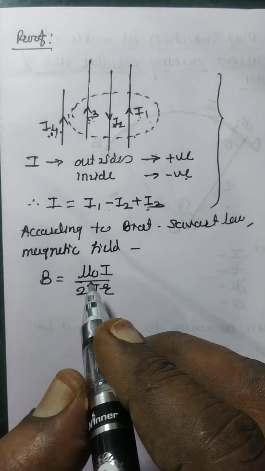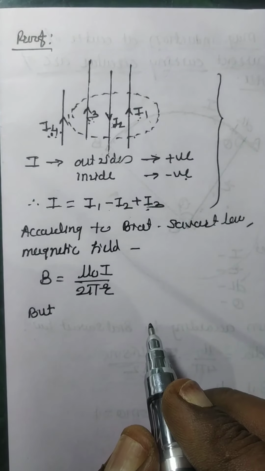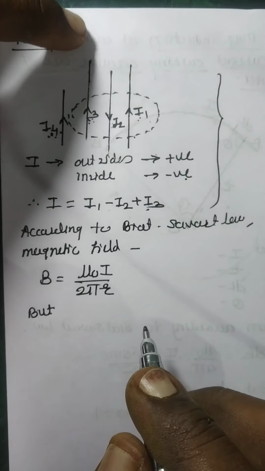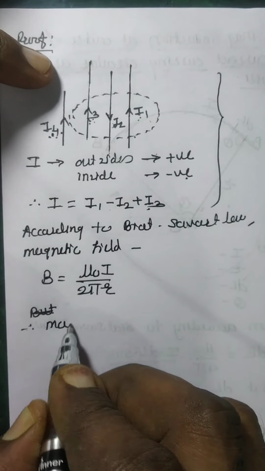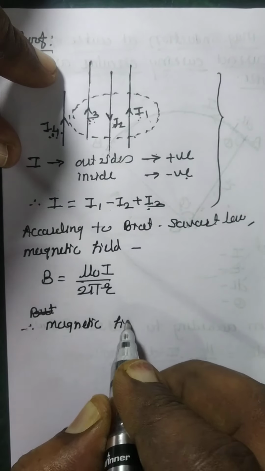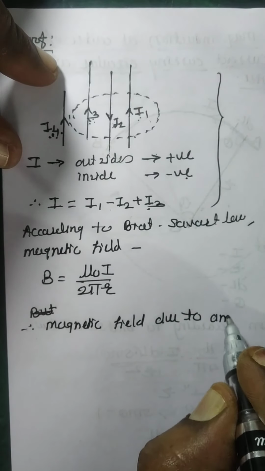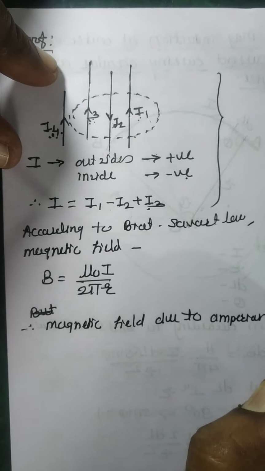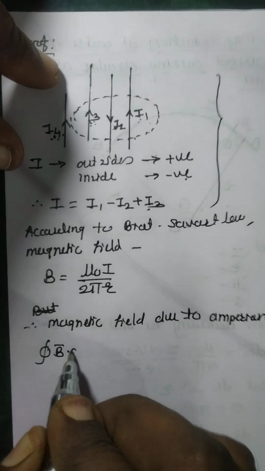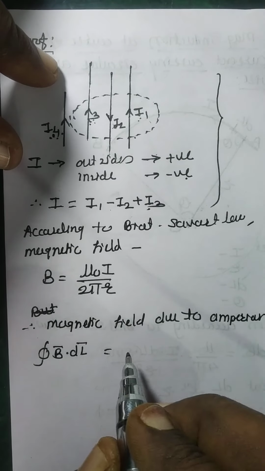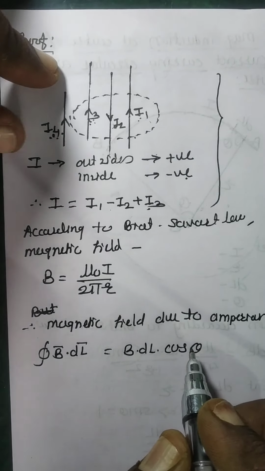Magnetic field due to the Ampere loop, that is line integral of B dot dl is equal to B into dl into cos theta.